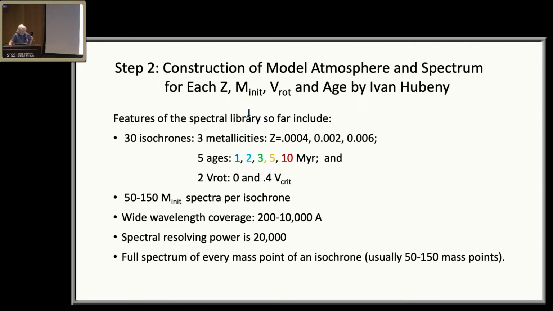There are more than 2,000 spectra in the library for the various metallicities encountered by the ULLYSES project. That's not enough, we found out. There's a big gap between 5 and 10 million years, as you can see there, but we'll try to fill that gap in the near future.